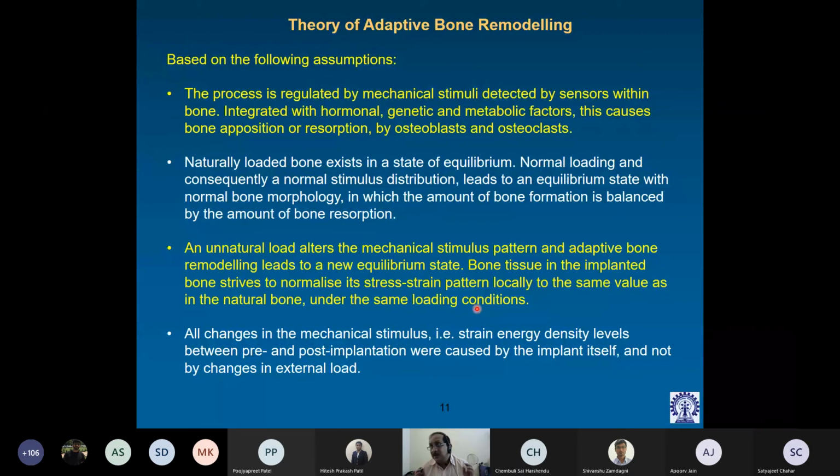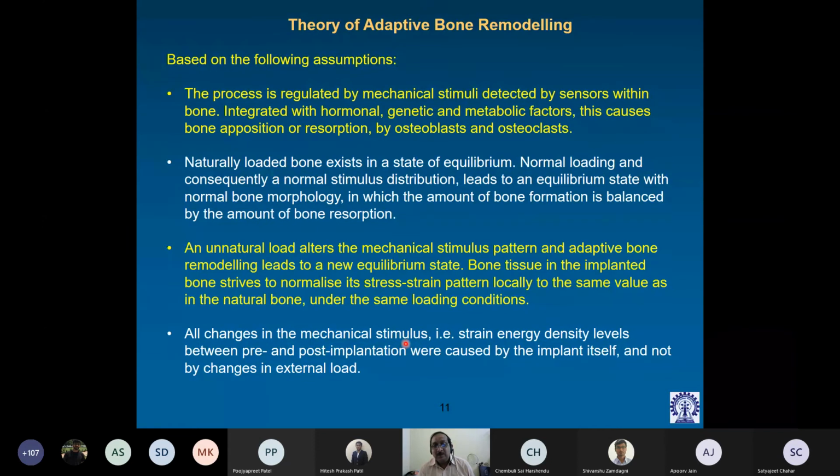So that needs to be quantified. All changes in the mechanical stimulus are generally quantified as strain energy density levels between pre and post implantation. So strain energy density is an important variable that measures mechanical stimulus.